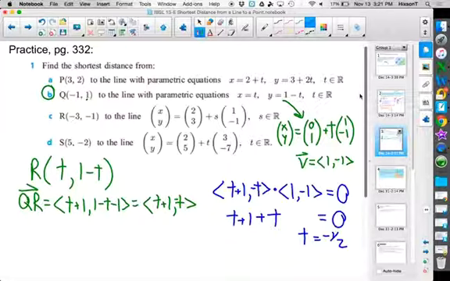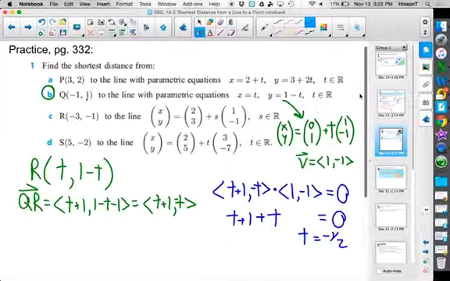Those of you paying attention, have we answered the actual question here? So we have to then find what that vector is from Q to R.